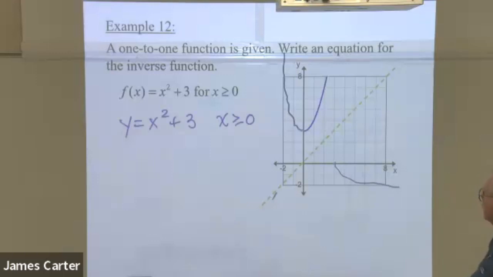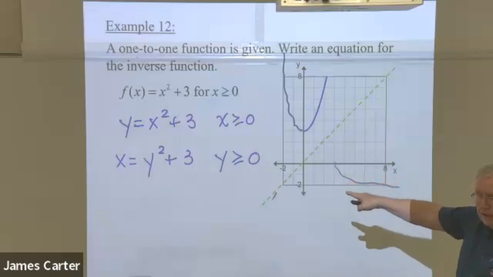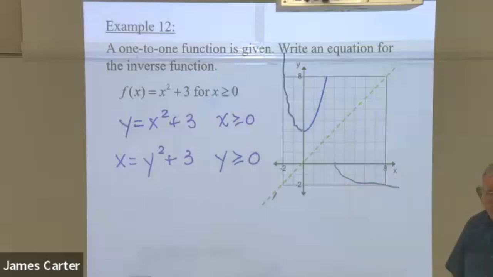Well, here we go. We replaced f of x with y. Now, watch what happens to the disclaimer when we interchange the x and the y. The disclaimer also interchanges. That's important. Make yourself a little think note on that, because that's big.